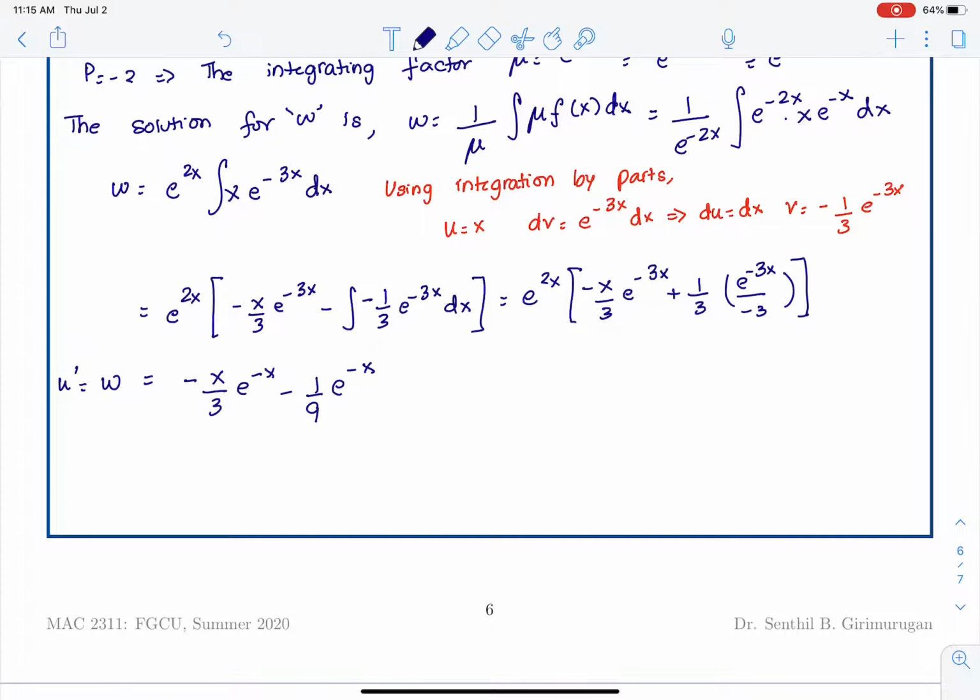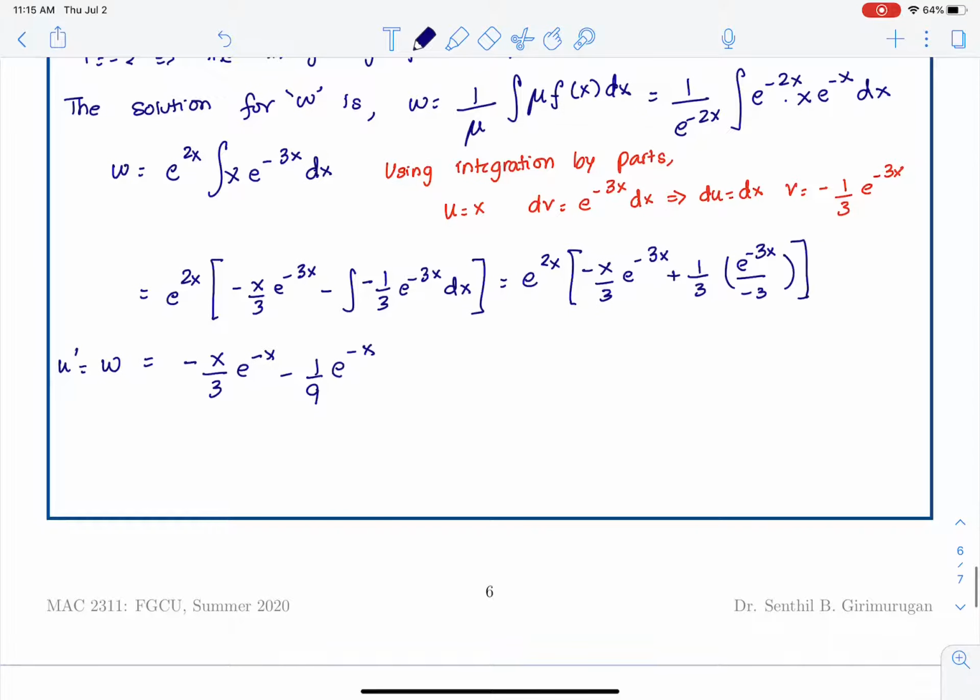And we want the solution for u. So integrate on both sides. So we have integral of u prime equals integral negative x over 3 e raised minus x dx minus integral 1 over 9 e raised minus x dx.